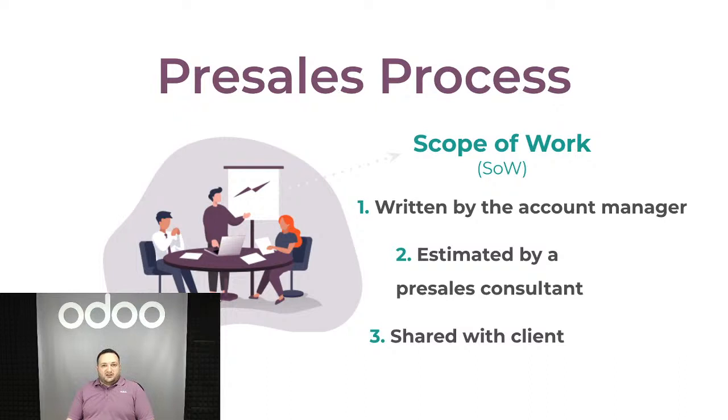So they're familiar with how long things would take, what requirements to ask for, what can be done as standard, what can be done as customization through Studio, and what can be done as development. And finally, it's shared with the client. Once the client reads it, validates it, and agrees on it, we can do the sale of the project and start with the implementation.